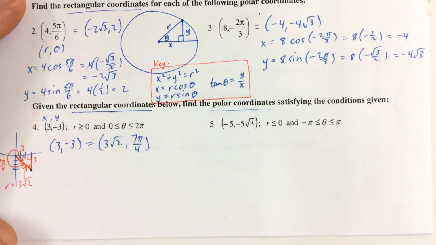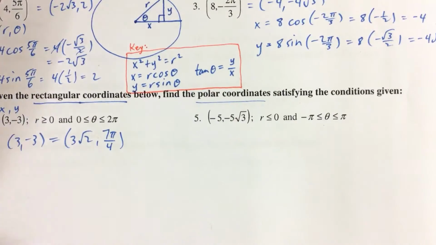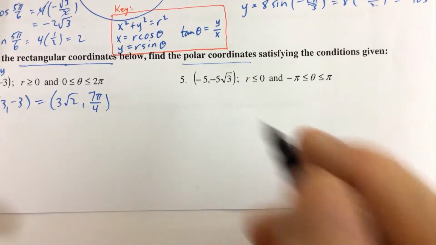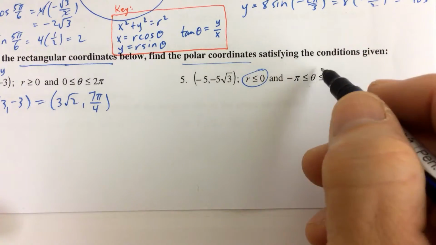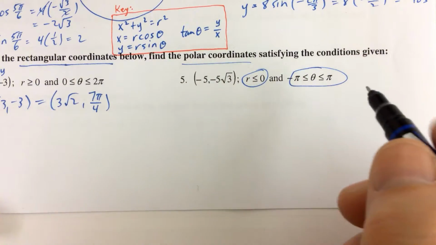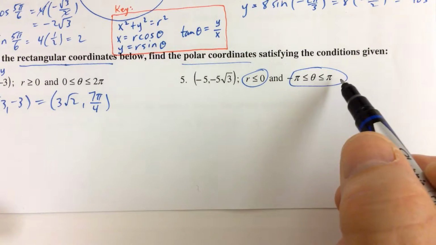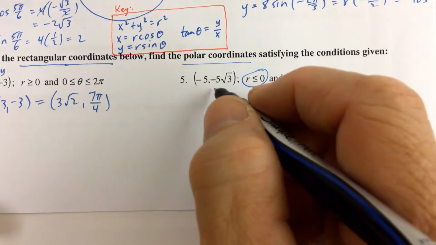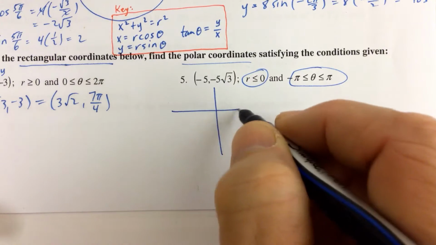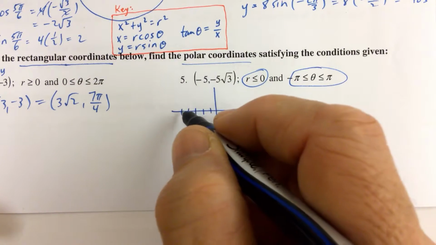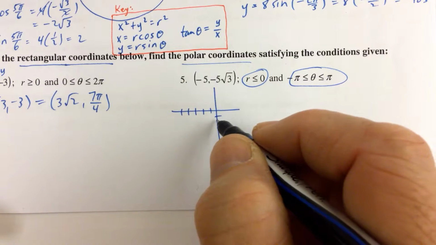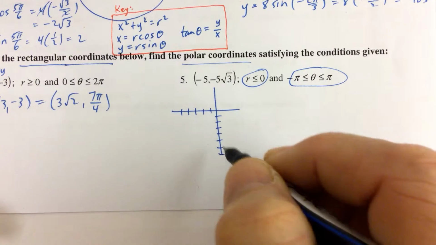Now, let me zoom in a little bit for this one. For problem number 5, we've got to really be careful here. R is a negative, and then theta, this is kind of an interesting theta, has to be in between negative pi and pi. So we'll talk about that in a minute, but let's go ahead and graph this. We're going to be in the third quadrant, negative 5, and then negative 5 radical 3, wherever that is, somewhere down there.